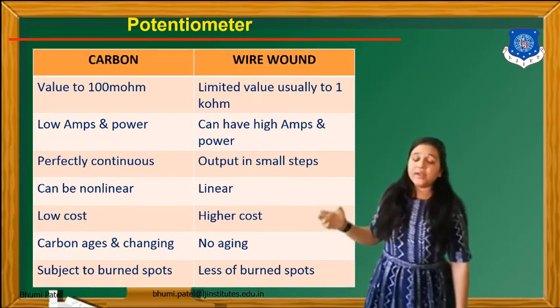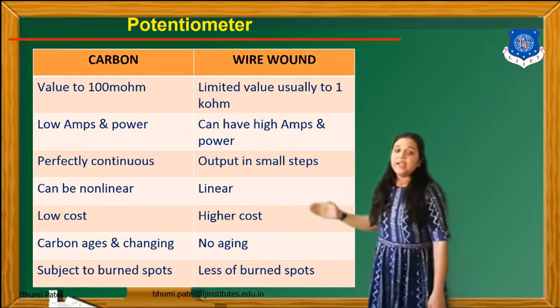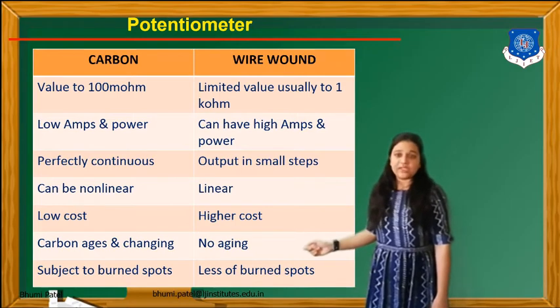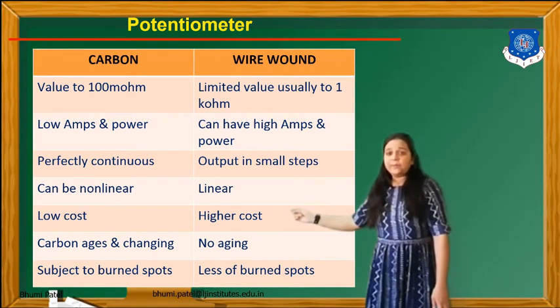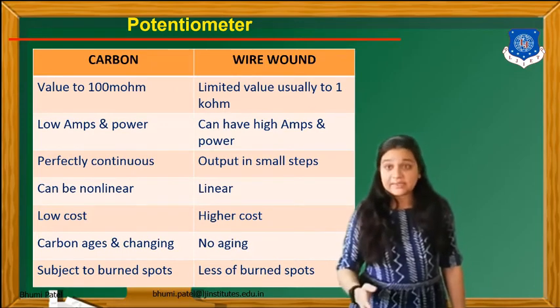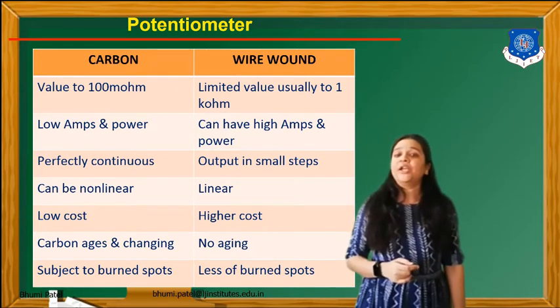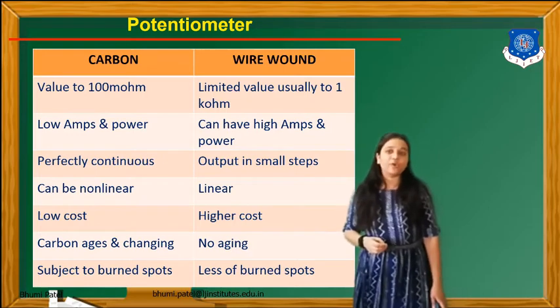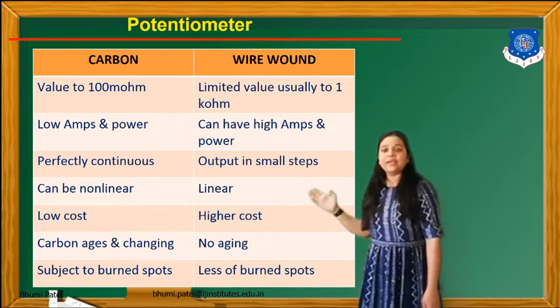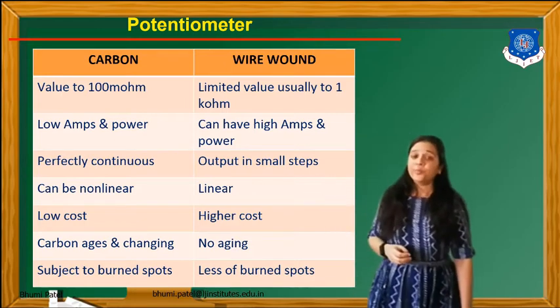The carbon type is subject to aging and changing, and in the wire wound there is no aging. The carbon type is subject to burnout, and the wire wound is less prone to burnout compared to the carbon type. So depending upon the requirement, we can connect the carbon type or wire wound potentiometer.